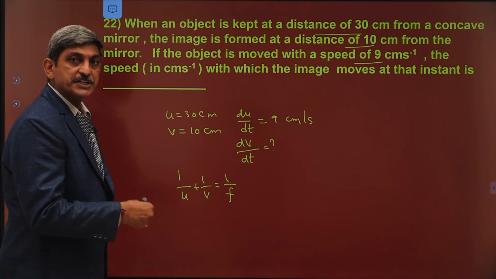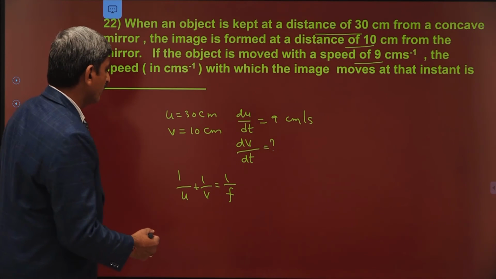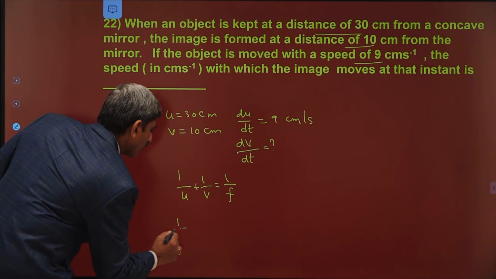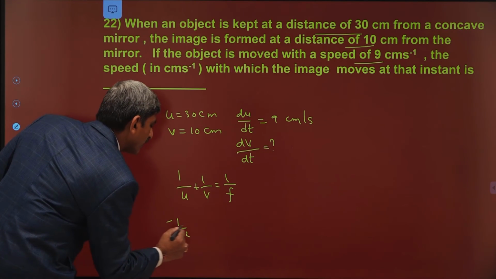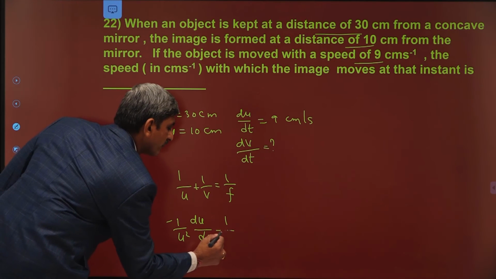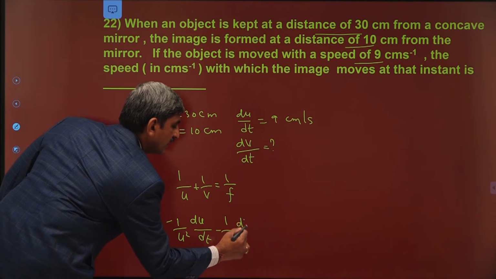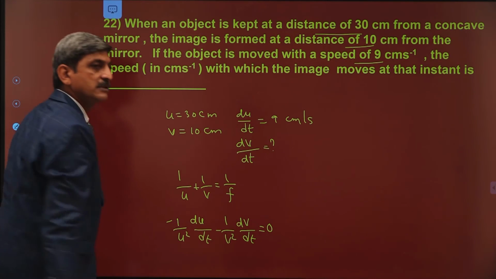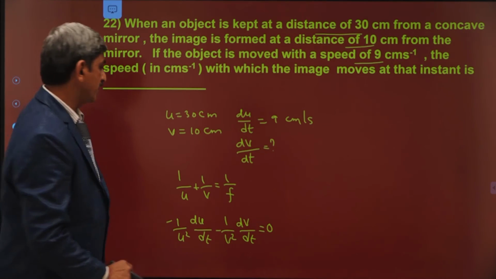By differentiating with respect to time, we have minus 1 by u square du by dt minus 1 by v square dv by dt is equal to 0. Why? Because f is the focal length, which is a constant.